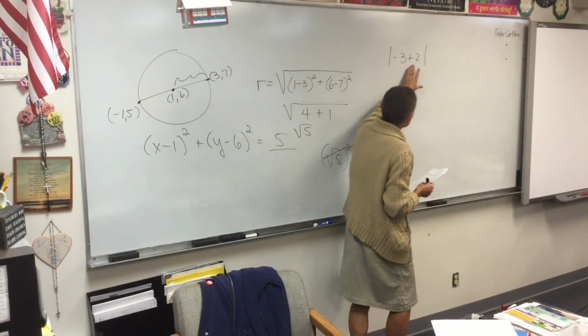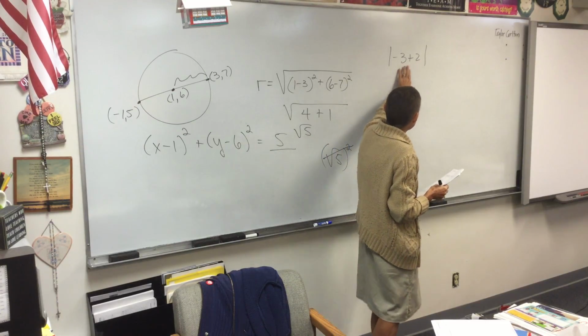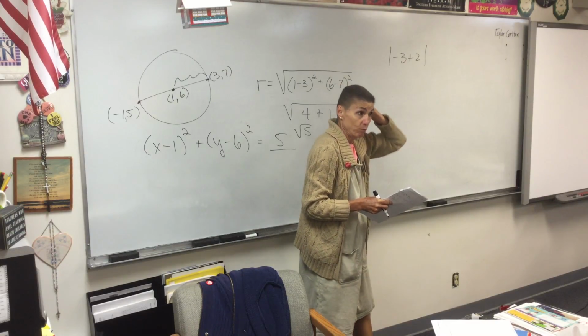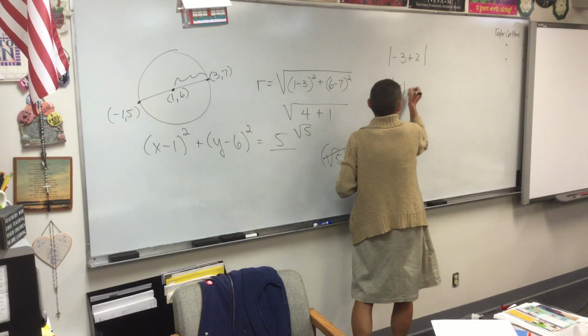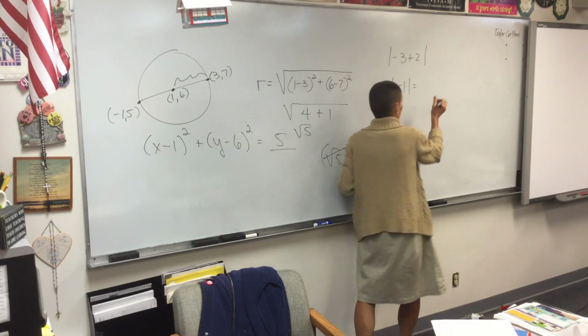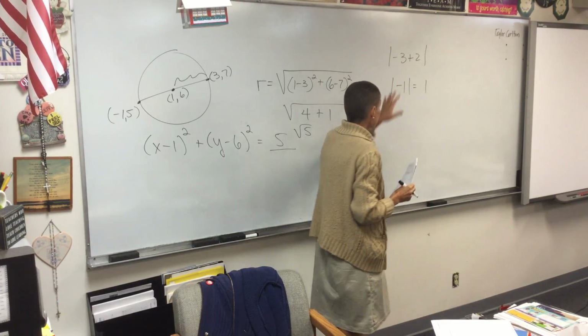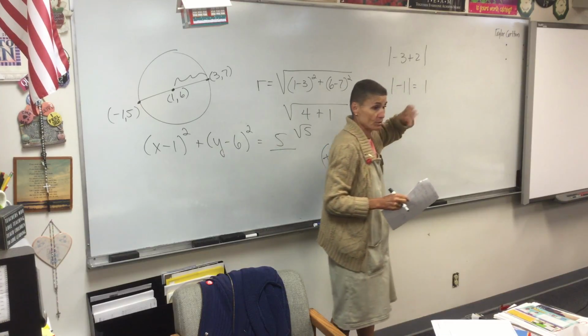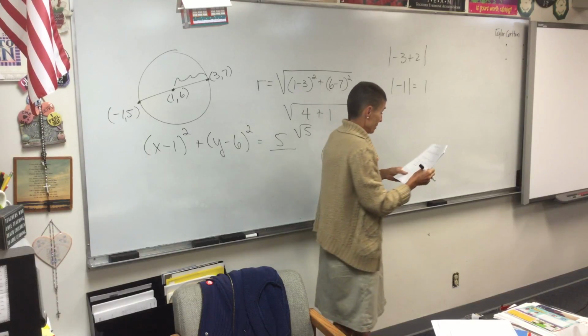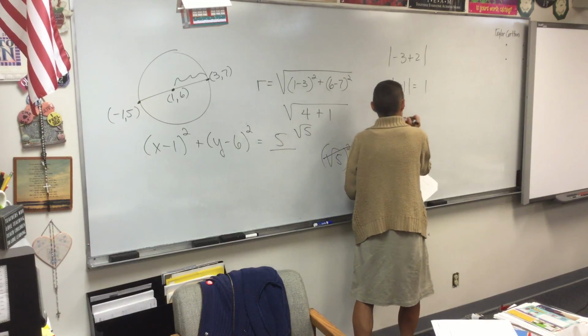So what do we get on the inside here when we add -3 plus 2? We get -1. Now take the absolute value, so the answer is 1. We don't take the absolute value of the individual numbers, okay? B is a little trickier.